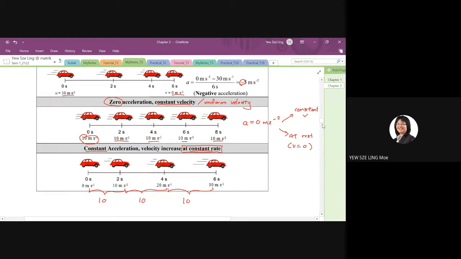Okay, so these four examples are the examples that are related to velocity. So you have to be able to imagine what is going on by looking at the given terms. So if the term given is acceleration, accelerate, decelerate, no acceleration, or constant acceleration, they all carry different meanings.